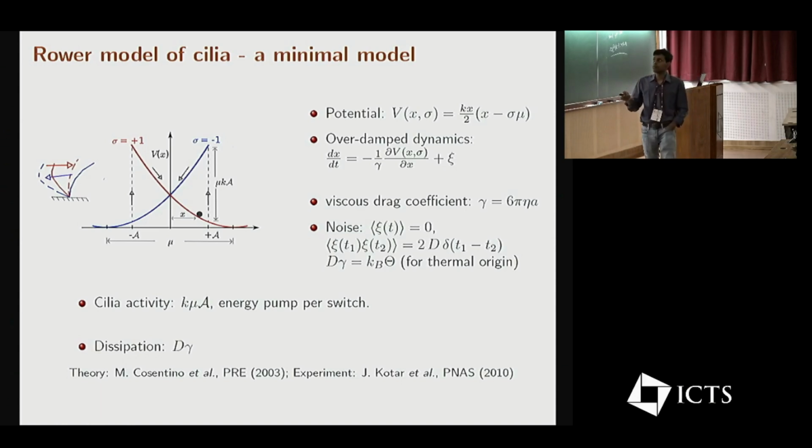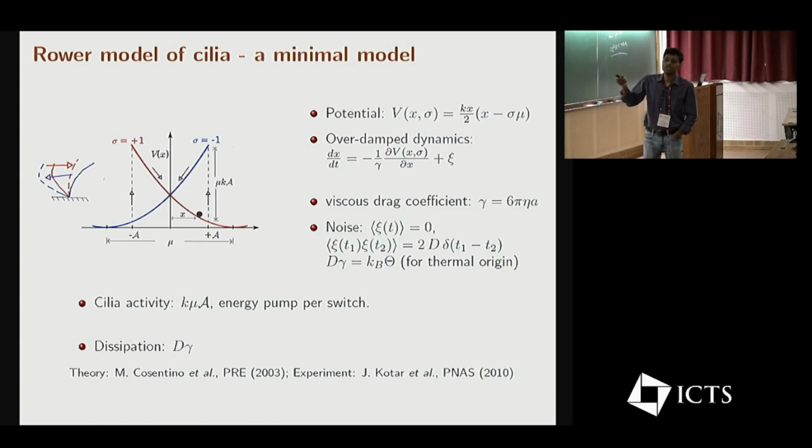You have two length scales in this problem: the distance between the two potentials, mu, and the oscillation, which is restricted between minus A and A, which we call the amplitude.